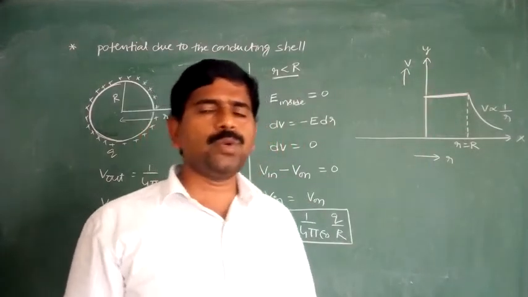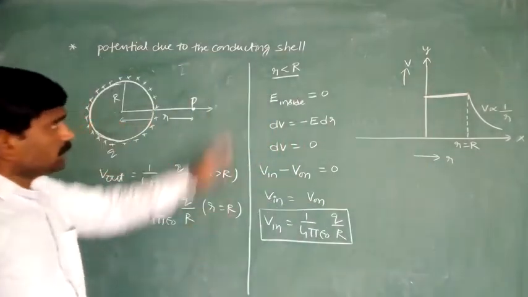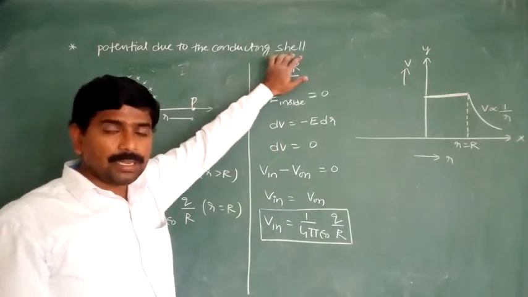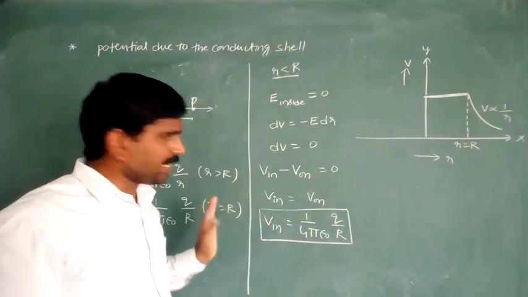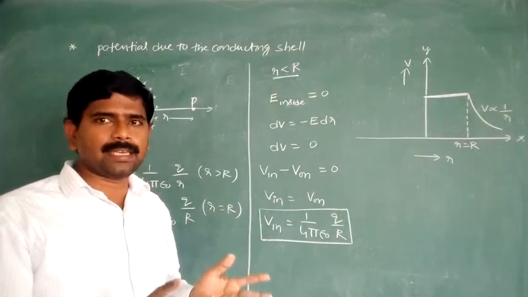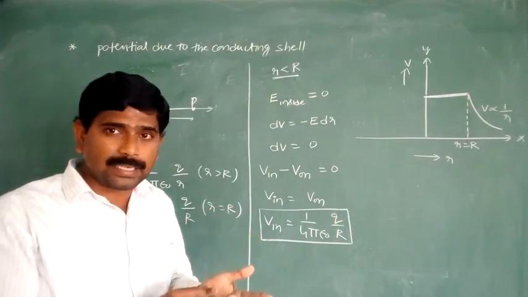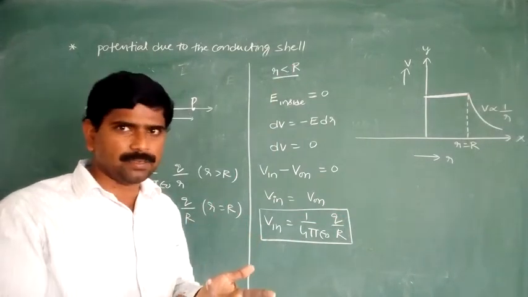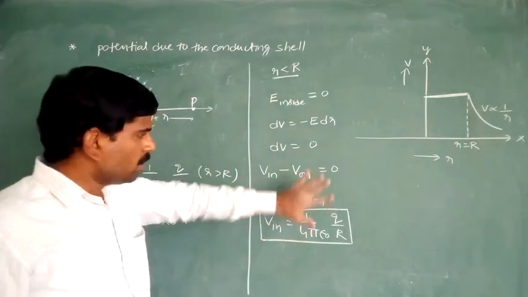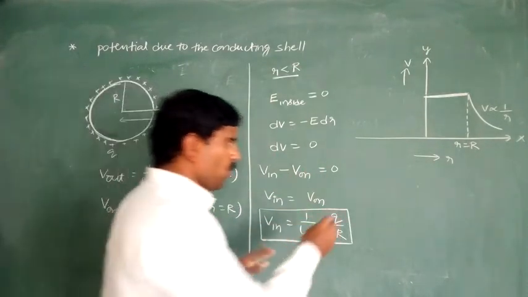Okay. Next one, for the conducting shell, at the same time, all these expressions are true in case of the non-conducting shell and conducting sphere. So these three expressions hold good.